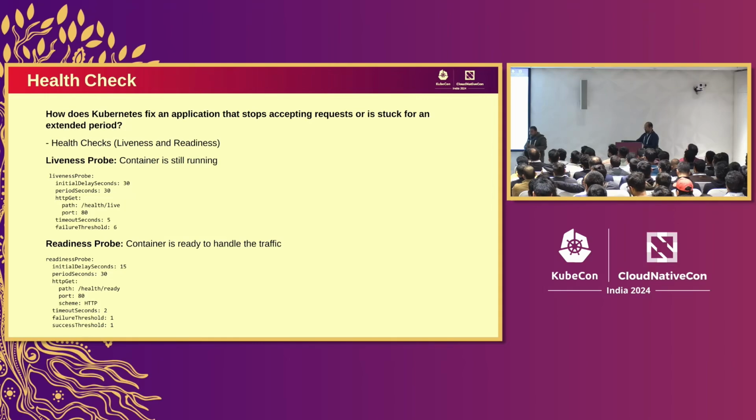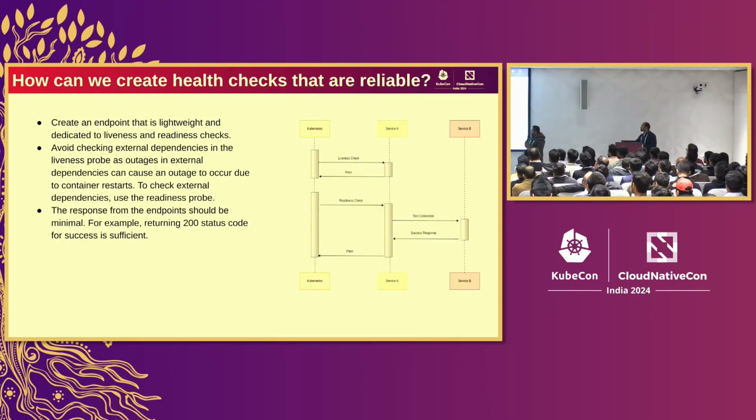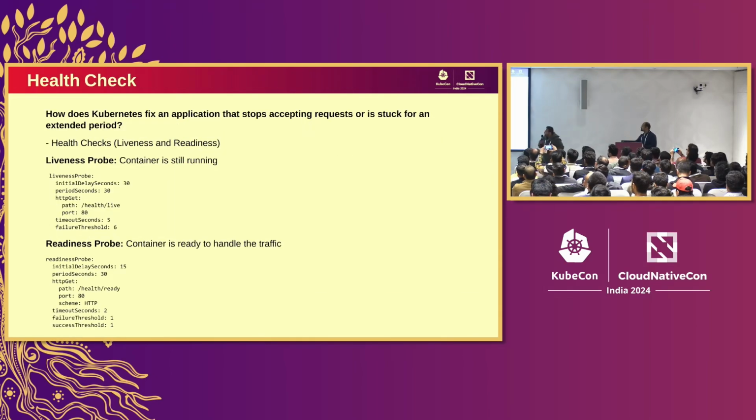It definitely needs a signaling mechanism through which it identifies that this particular application is not working as expected. And as we know, each application has its own workings, so we cannot have a generic solution for it. That's where Kubernetes introduces two probes, basically the liveness and readiness probes. Each probe has its own significance.